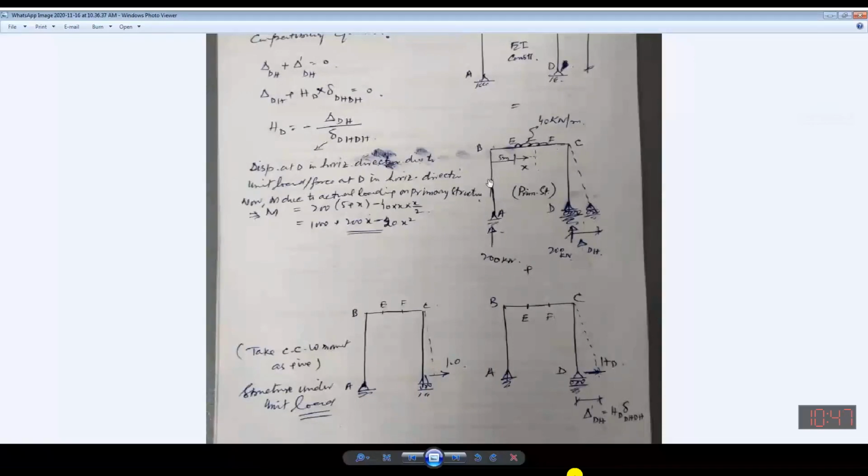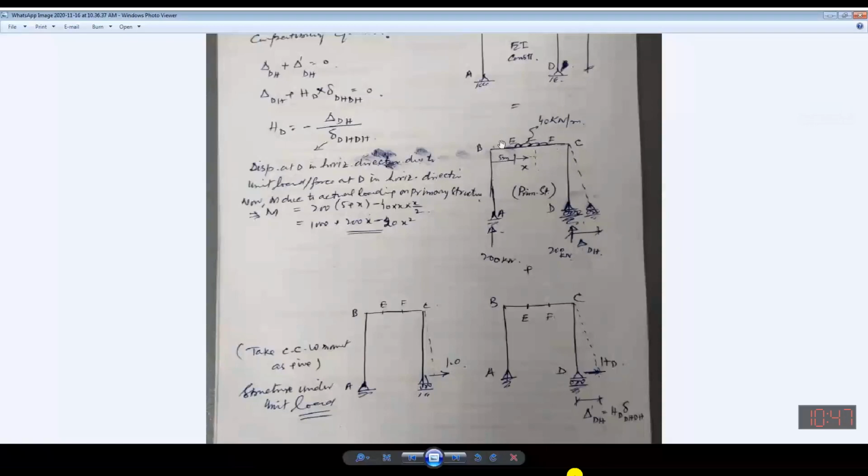Similarly, if I consider BE, and if I consider B as origin, then its effect will come onto this one. So 200 into x.